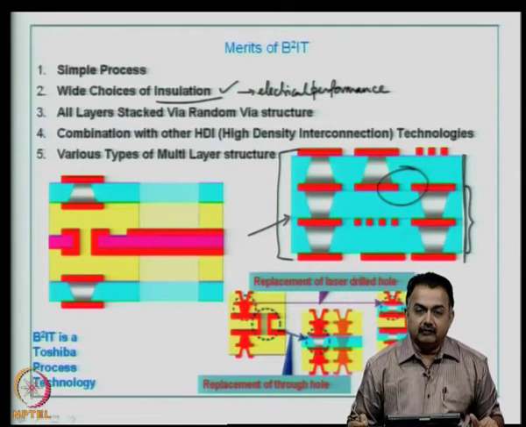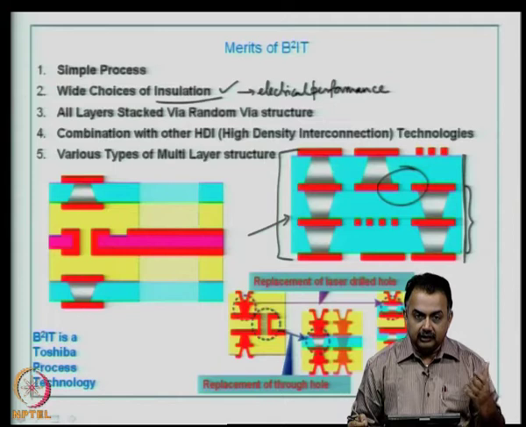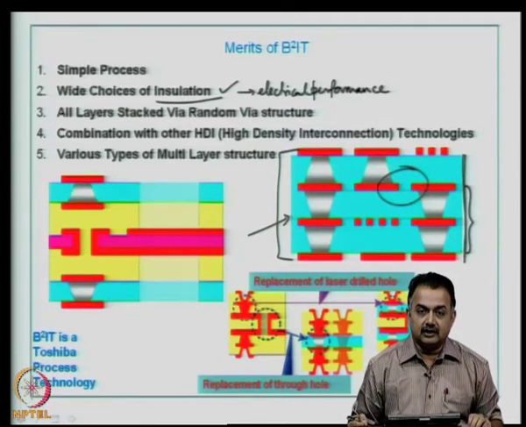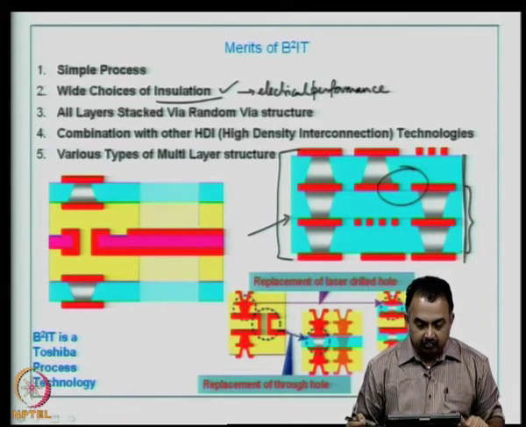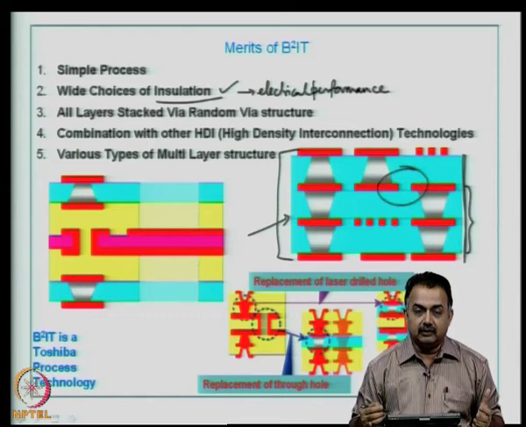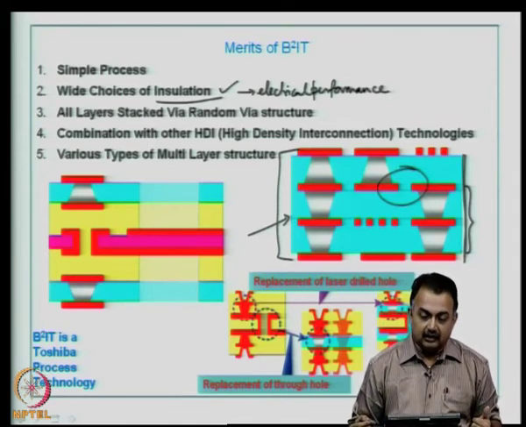Okay. And if you are not very sure about the reliability of stacked microvias, you can introduce technologies that we use in conventional multilayer boards by plating and drilling. But the advantage of using B squared IT will be lost if you are again introducing a mechanically drilled structure.